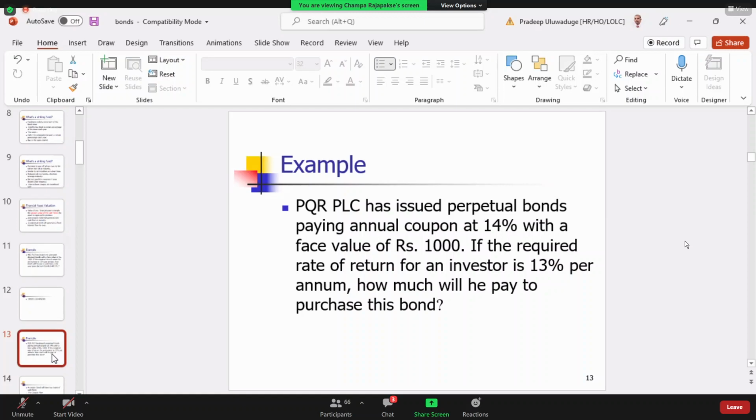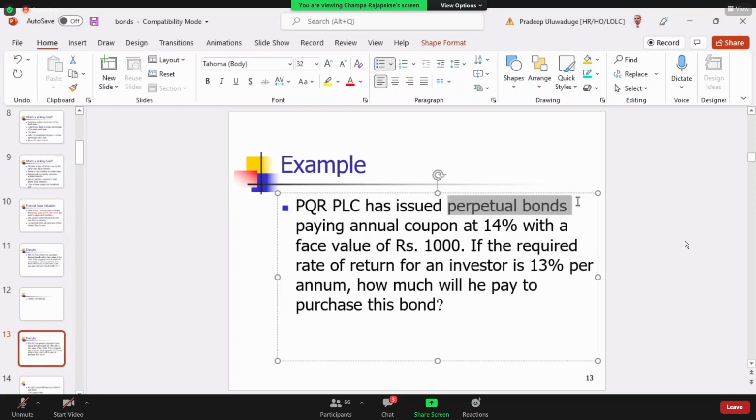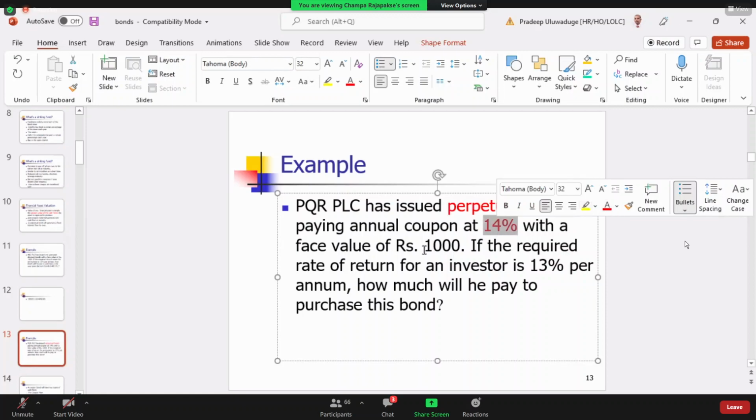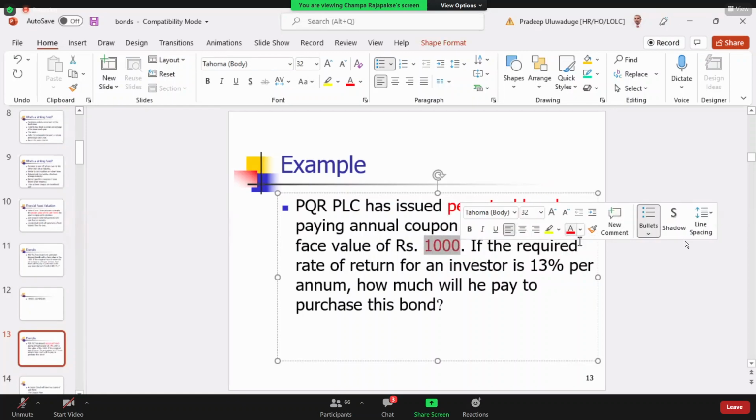It's a perpetual bond, a bond without a maturity, paying an annual coupon of 14%. So at face value, you get 14% interest. Face value is 1000 rupees, so for 1000 rupees, you receive 140.